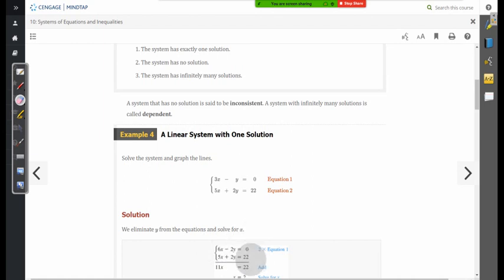And honestly, I'm going to do this both ways. Okay, because I said earlier, in my opinion, if you see a variable with a leading coefficient of 1, go ahead and do the substitution method.